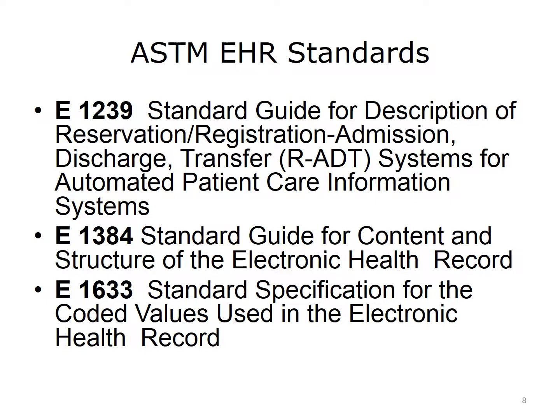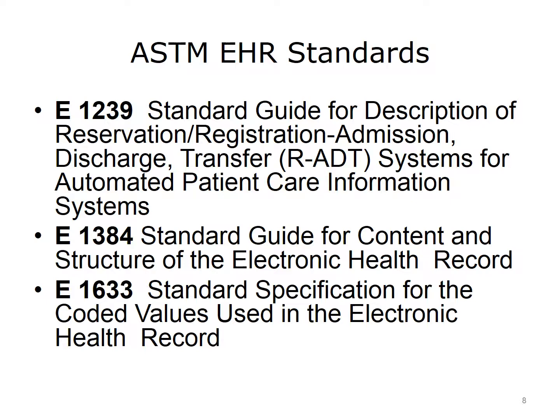The ASTM standards are more traditional in name and content. These are largely informational in content, but have been maintained and updated. E1239 is a standard guide for description of reservation, registration, admission, discharge, and transfer RADT systems for automated patient care information systems. It is focused on a hospital information system application.